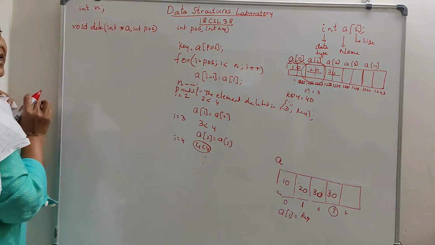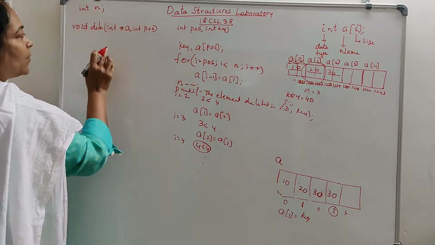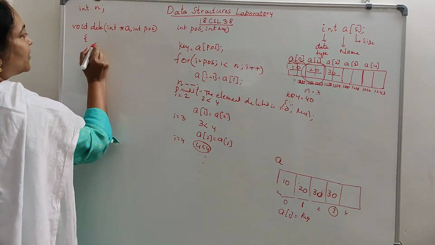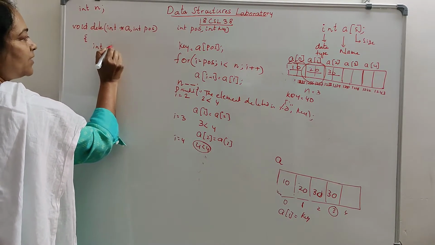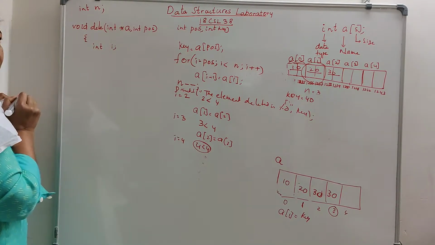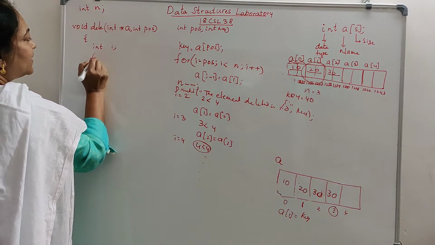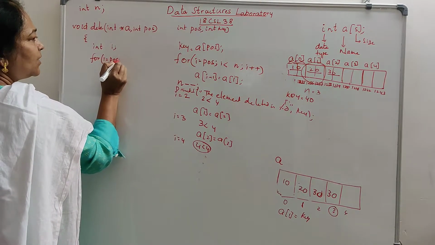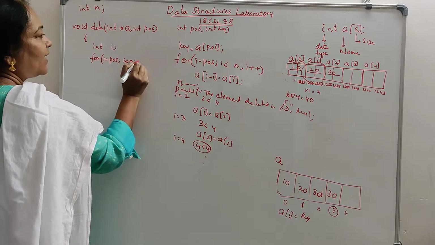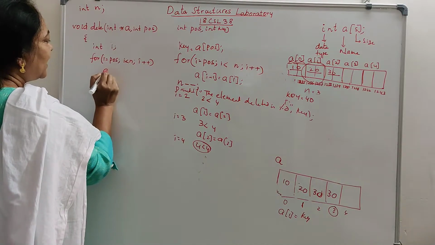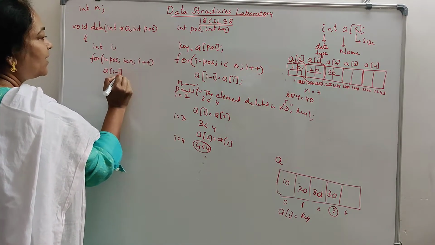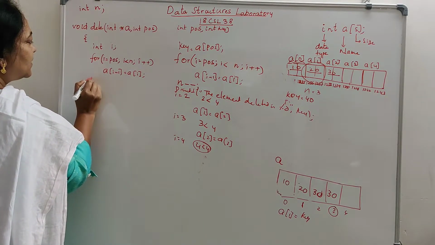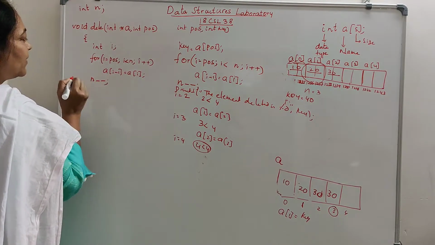Already I told you n we are taking as a global parameter, so no need to send it. Then because we are going to use the for loop here, int i, you need a variable for index, so int i. Then the same logic, i is equal to position, i is less than n and i plus plus, a of i minus 1 is equal to a of i. Then next reduce the value of n here.